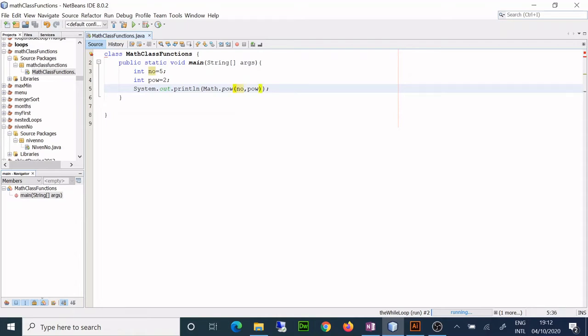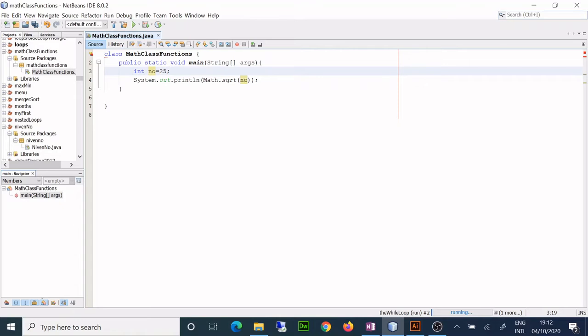So let's have a look at another method, and that is going to be math.sqrt, square root. So let's say the number is 25 and it takes one parameter, math.sqrt, and its return type will always be double.